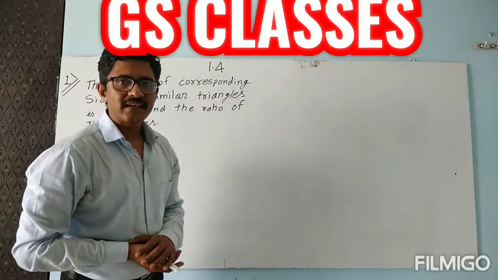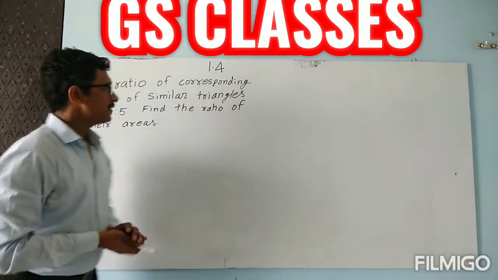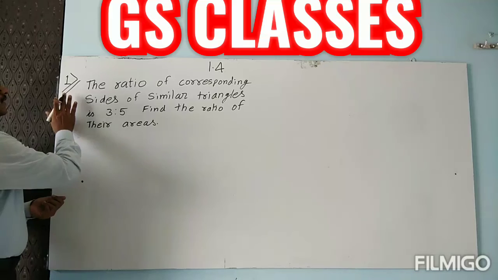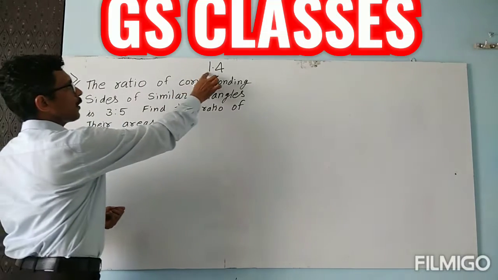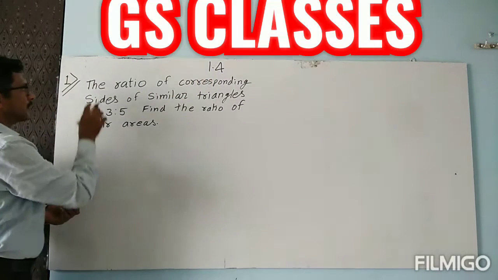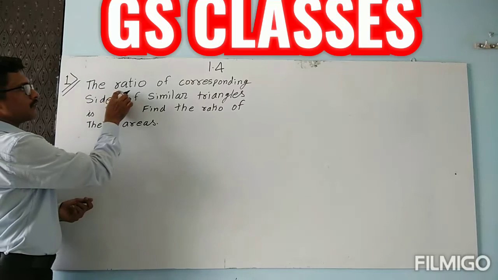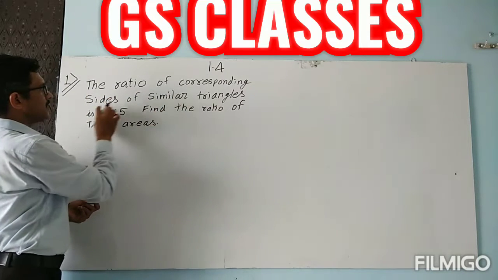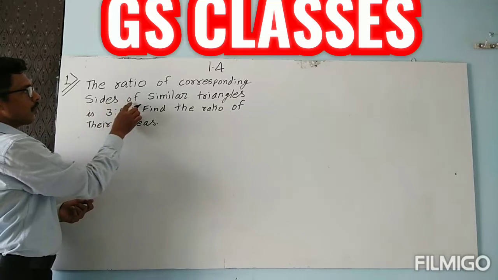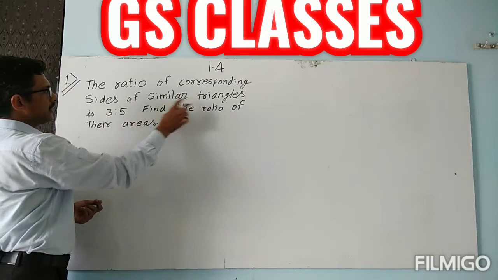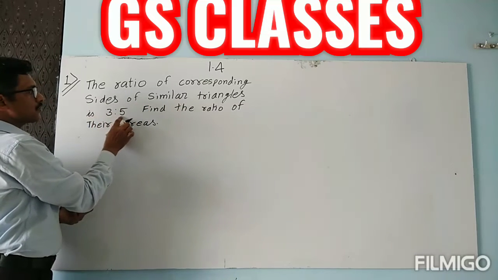So students, let's continue with this question. Children, this is the first question of exercise 1.4. According to this question, the ratio of corresponding sides of similar triangles is 3:5.